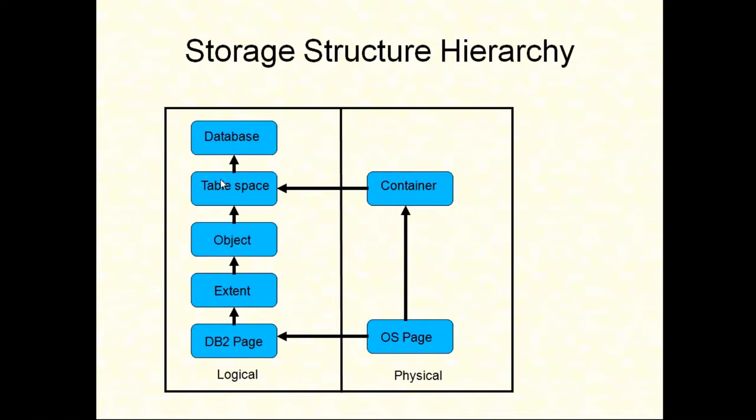Here you see is completely the logical concept, and here you see is the physical concept. So basically these are all logical things, and this is actually the physical things. Your data is ultimately placed in containers.